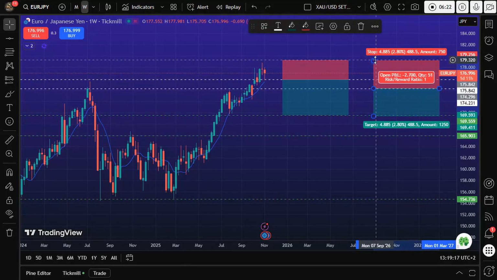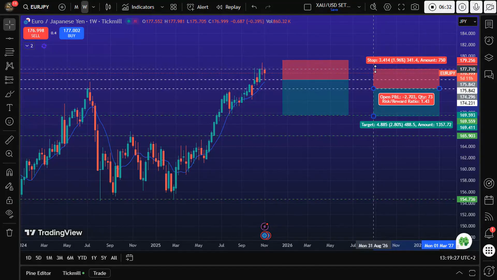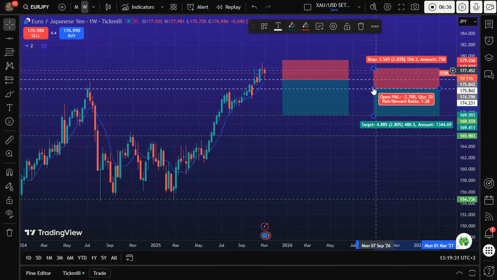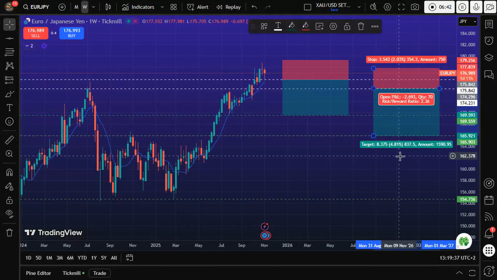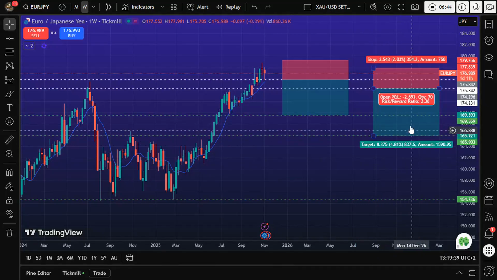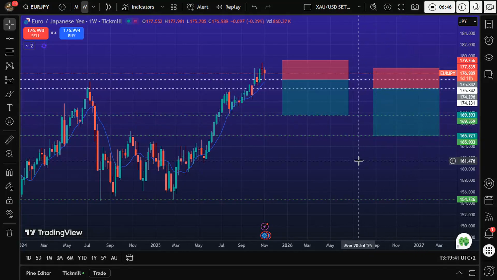And then my stop loss, I'm always making my stop loss as tight as possible, guys. So my stop loss, if it were to move, it should be just close around here. So my take profit should be in this support zone here, and that's how I'm looking to utilize the trade here.